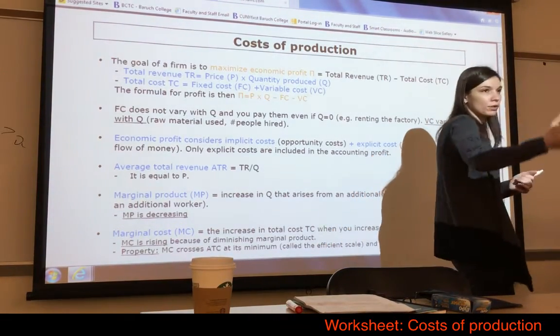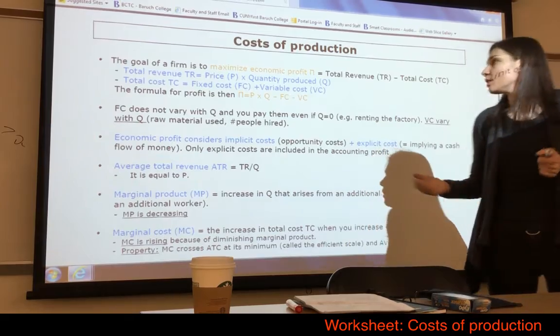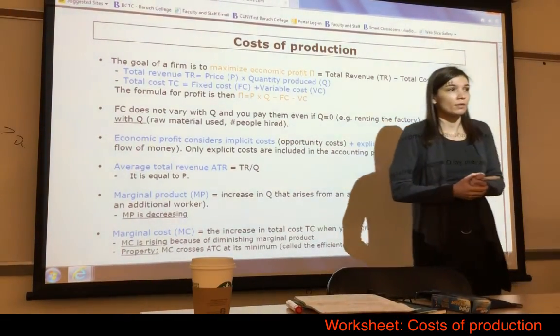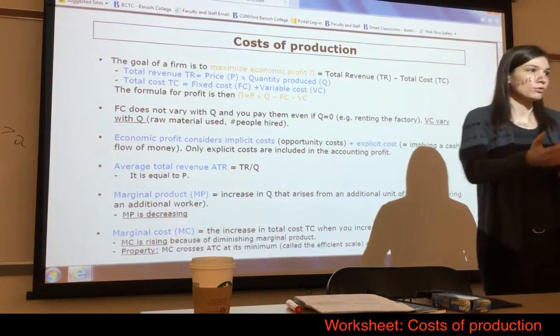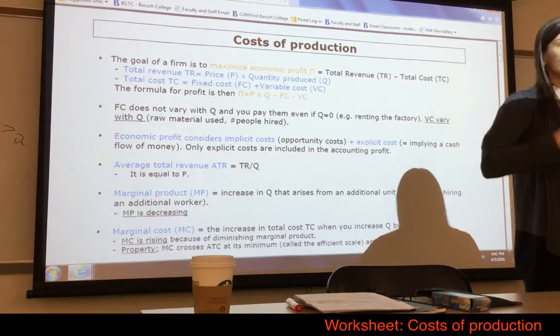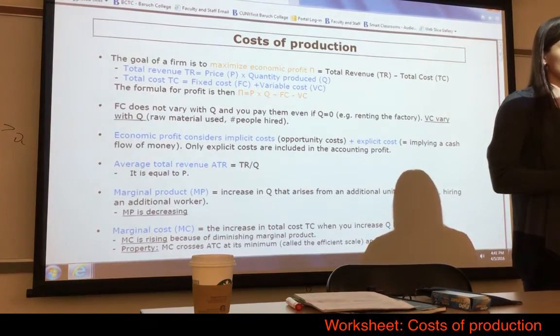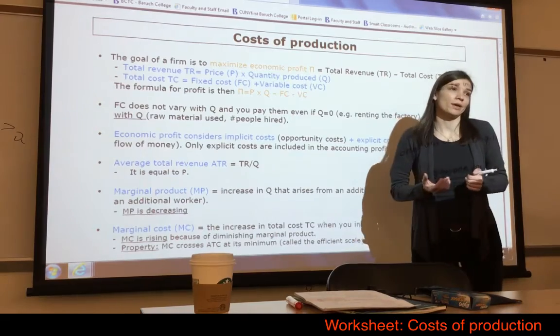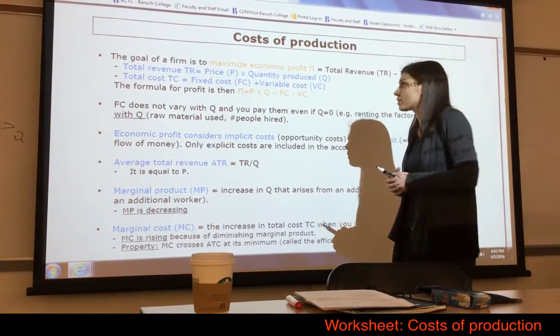So in the long run, you can leave the apartment, or if you have a piece of equipment, right, that you're renting, you might still have to pay the rent for the next year or the next month, but in the long run you can get rid of it, right? Get out of the contract or sell the machine, whatever that might be. Okay, so in the long run, if you don't produce anything, you don't pay anything. So fixed costs become variable.